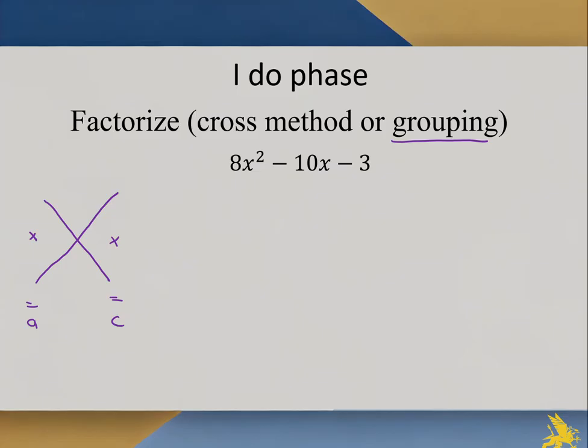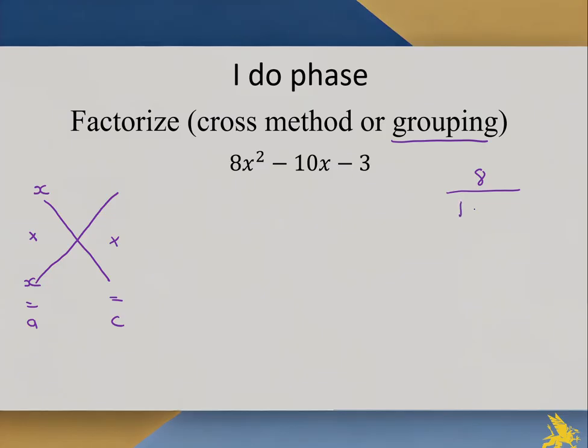So the first thing I'm going to do is look at my 8x squared. So we've got x, so they both are going to have an x. The issue that you'll struggle with is this part here with the 8. So that 8 part, we can think of many different ways to times to equal 8.